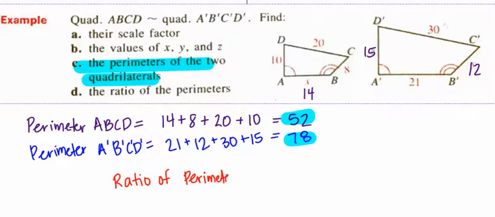is just going to equal 52 over 78. And I'm going to come over here and break down 52. 2 goes into 52 26 times.